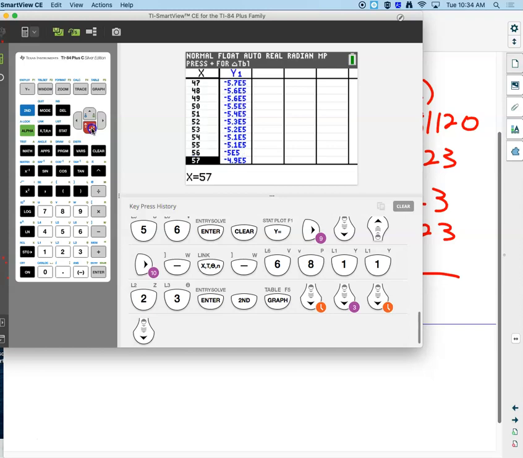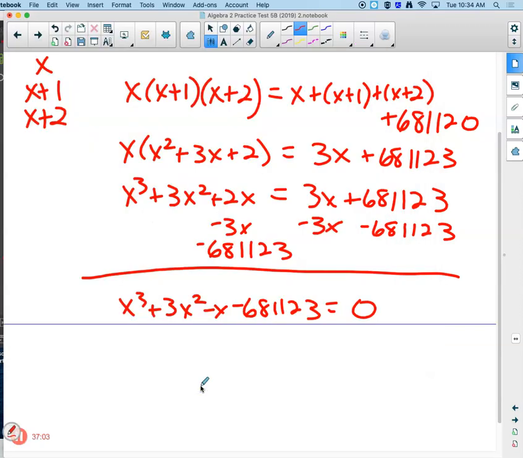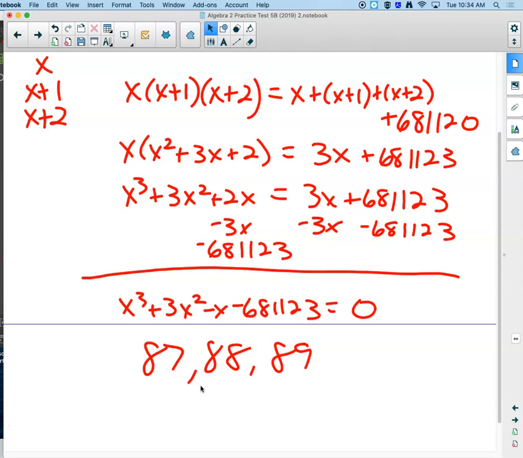Well, at least it changed. Aha! Whew! 87 is the first number. So what's the next one? 88. And the last one, 89. Now, we can check that. I mean, we know they're supposed to multiply together and give us something that is 681,120 more than their sum.